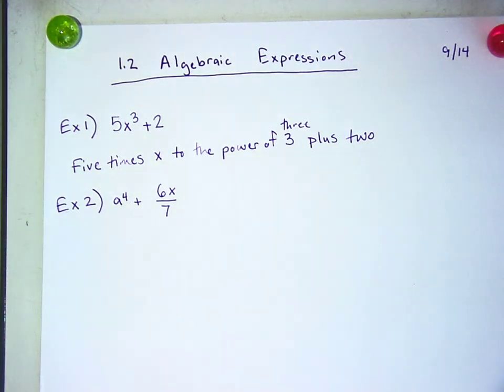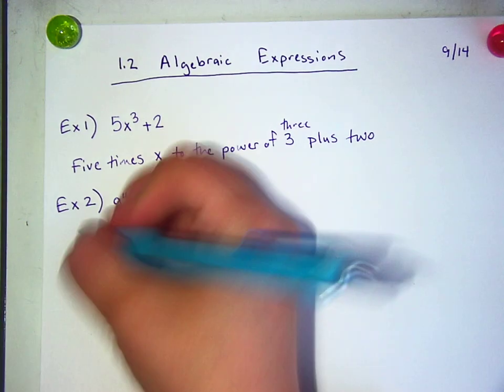Can anybody guess why I want to do this one with you? What do you think I think is going to be the hard part? What? It's fun. Yeah, just because math's fun, that's true. What else? Fraction. Huh? The fraction. The fraction is the part that's a little harder. You can't say 6x divided by 7 because that implies, I'm trying to say that 6x together is divided by 7. So here's how I would write this.